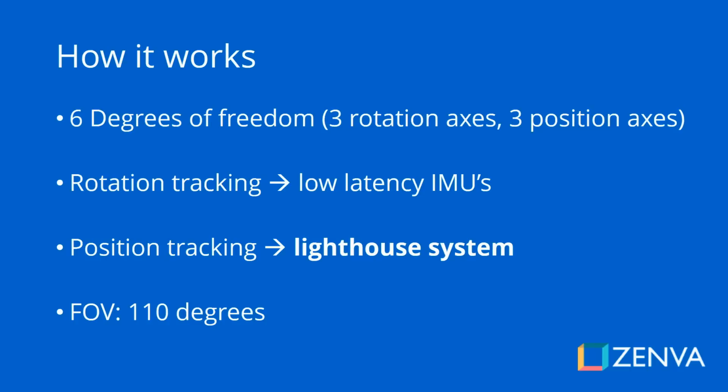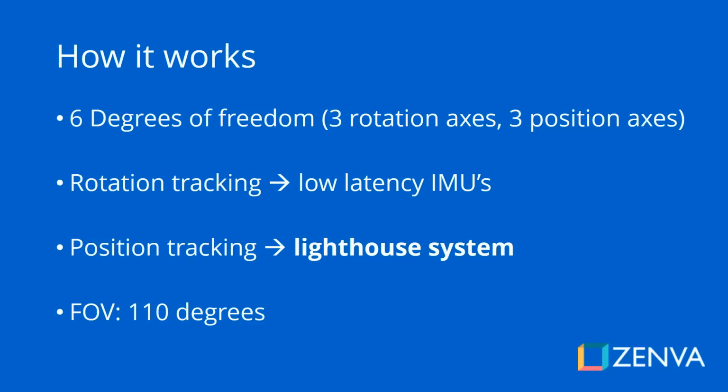For the rotation tracking, they use low latency IMUs, that means inertial measurement units, which are sensors that consist of gyroscopes and accelerometers and are used in virtual reality to measure rotation and know where the orientation of the headset or the controller is.